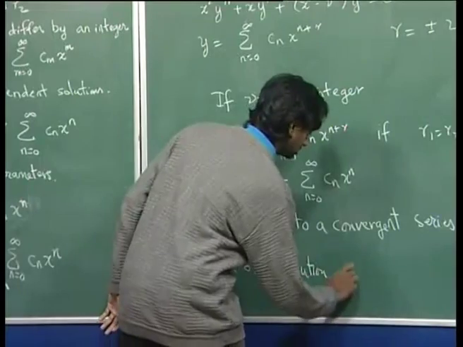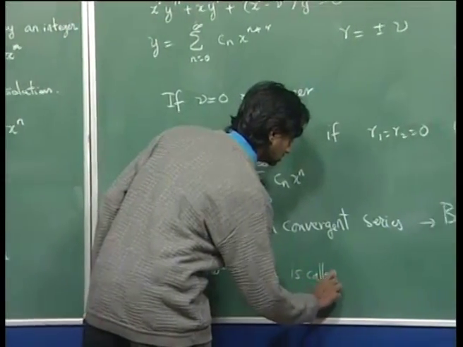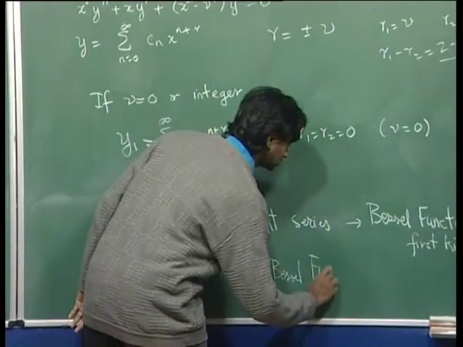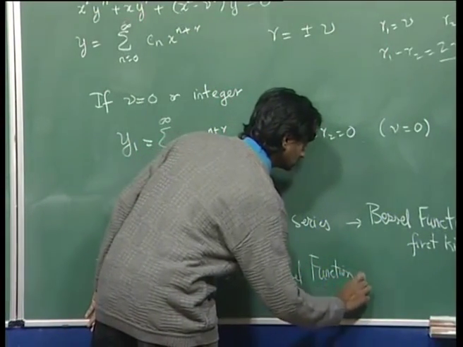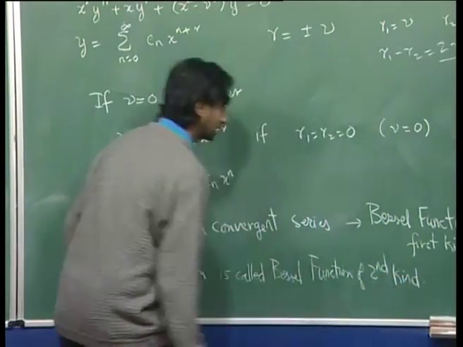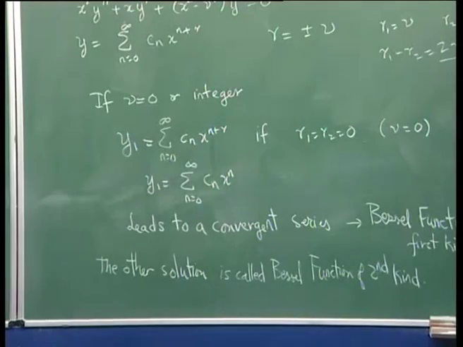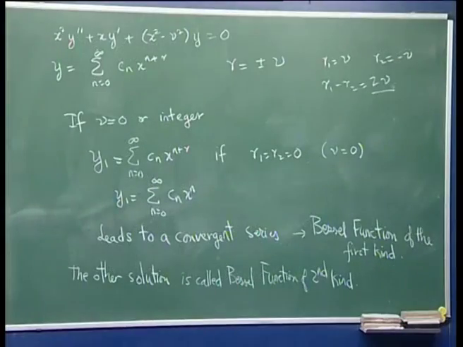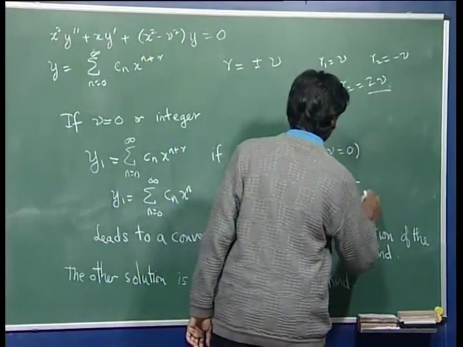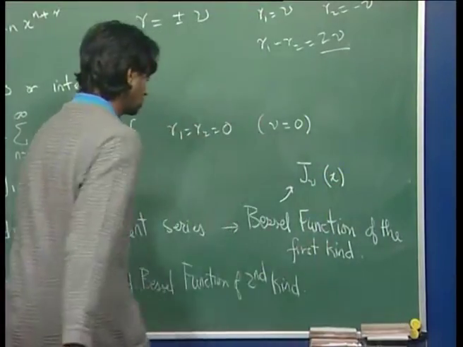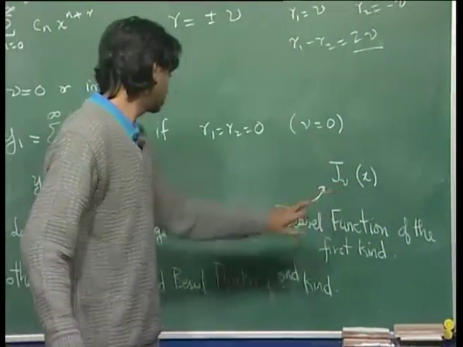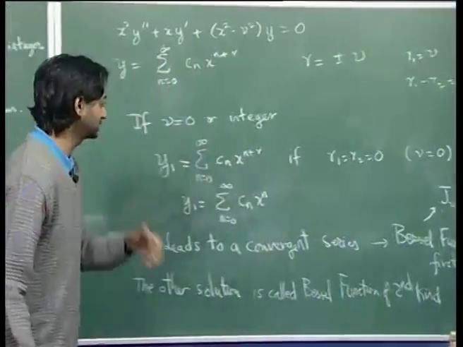The other solution that you get by variation of parameters is called Bessel function of second kind. The symbol used for Bessel function of first kind is j nu of x. Okay. So, if nu equal to 0, then this function is called j 0, Bessel function of degree 0. If nu equal to 1, it is called Bessel function of degree 1, and so on.